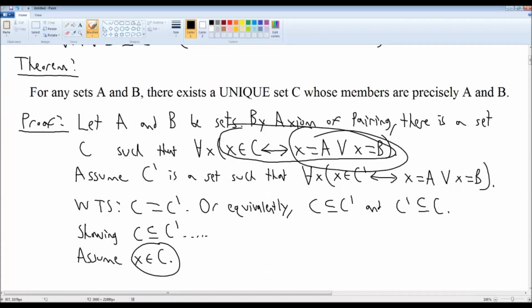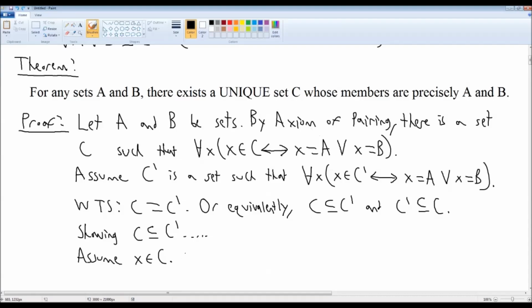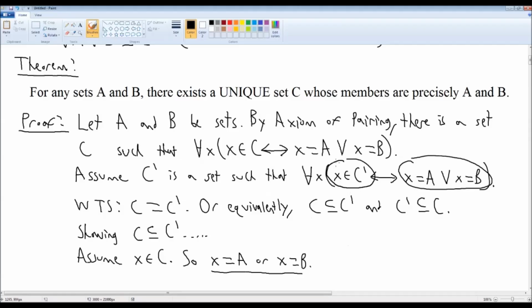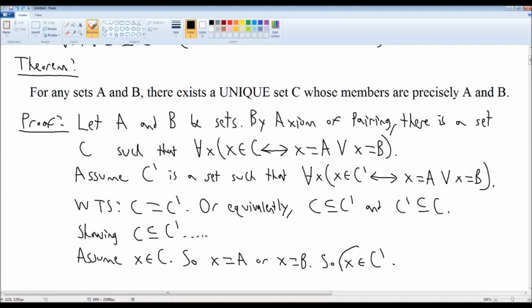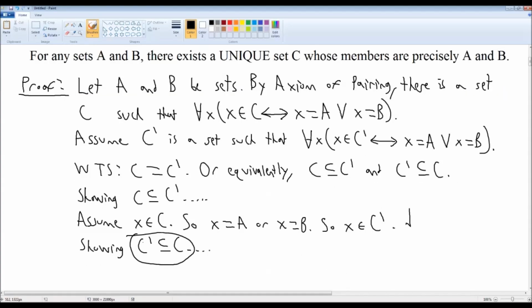Then X is A or X is B. So since X is an element of C, that tells us X equals A or X equals B. But since X equals A or X equals B, that tells us that X must be in C prime. So therefore, X is an element of C prime. So we showed that if anything's in C, it must also be in C prime. So this is true.